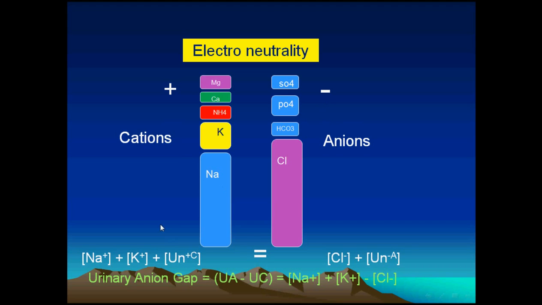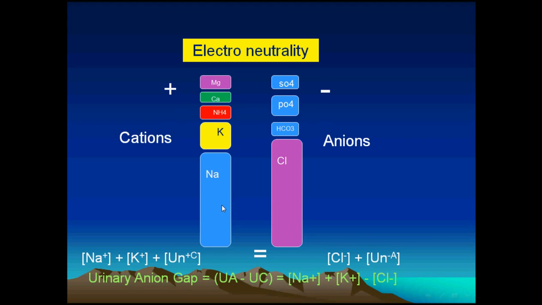The cations present in the urine are sodium, a large amount, potassium, a large amount, and a small amount of ammonium, calcium, and magnesium. In front of this, we have the anions, like chloride, which is the major component of the anions, in addition to bicarbonate, phosphate, and sulfate.